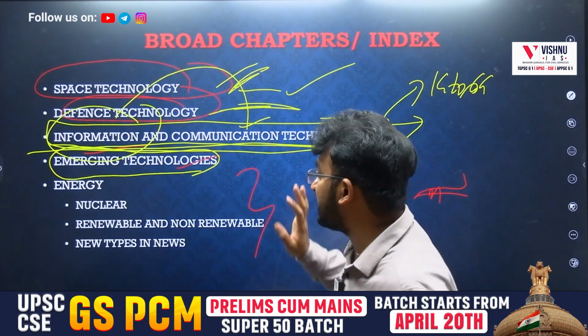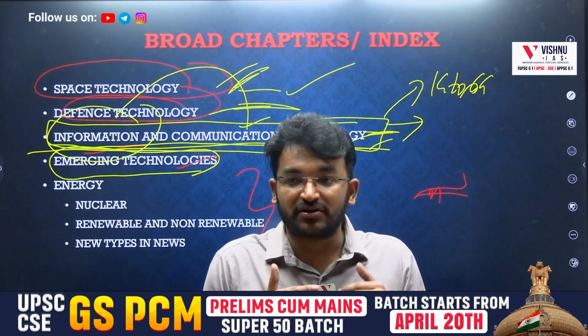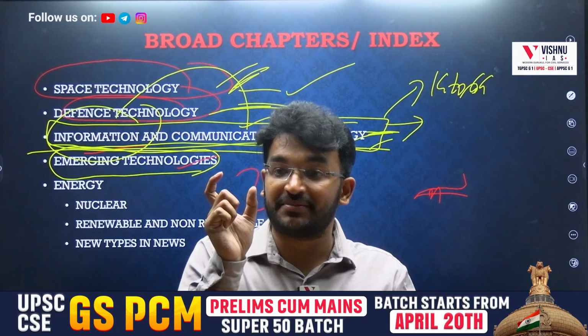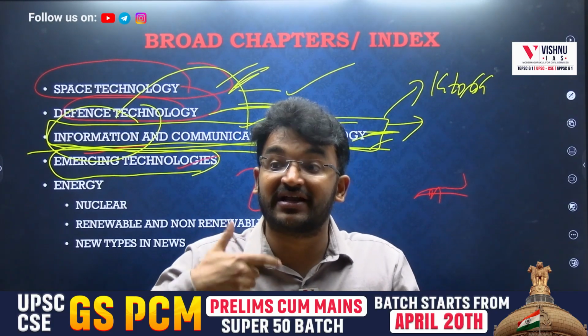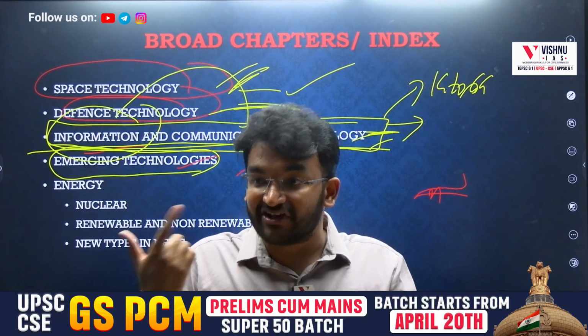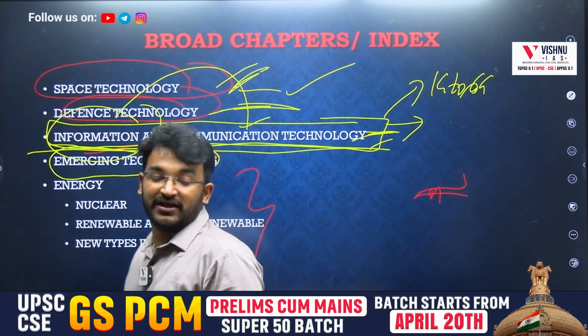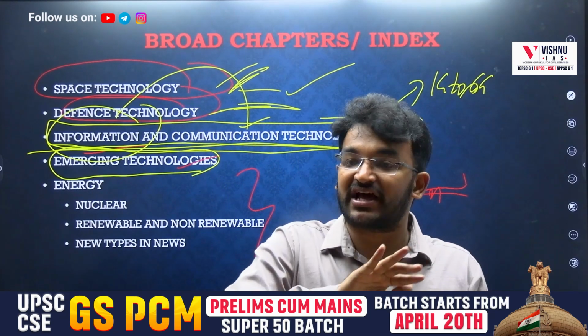Now, in information and communication technology, we were dealing mainly with technologies which have already been developed. In emerging technologies, as the name itself says, we will be dealing with technologies which are under development, which were developed very recently or are still under development.